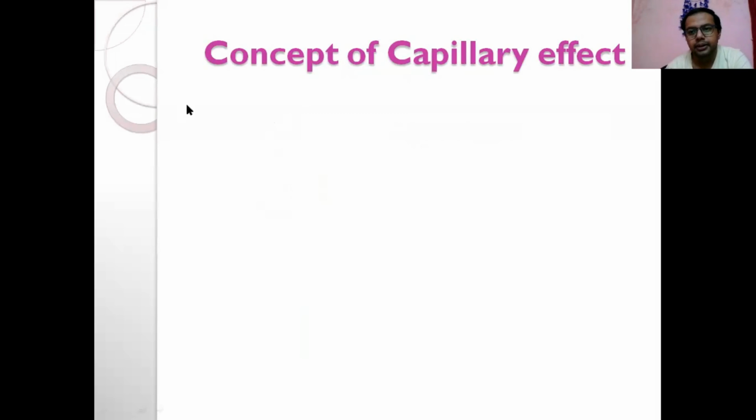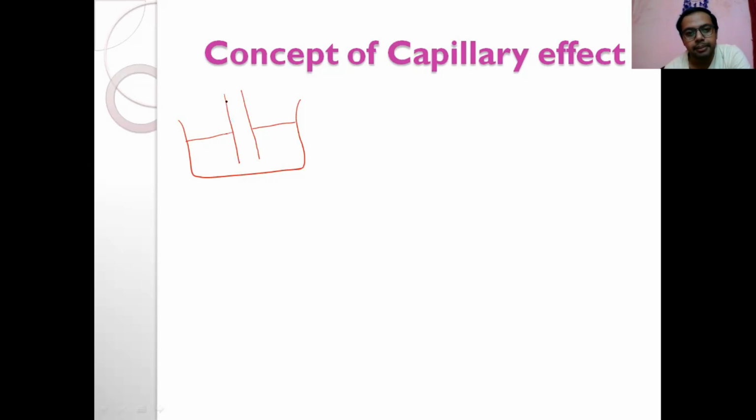For the qualitative analysis, we have done it. Now, the quantitative case. In such a case, we will take one container. In the container, you insert a tube. Let us take that capillary rise is happening.